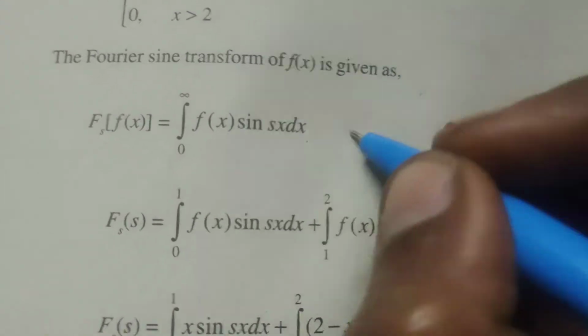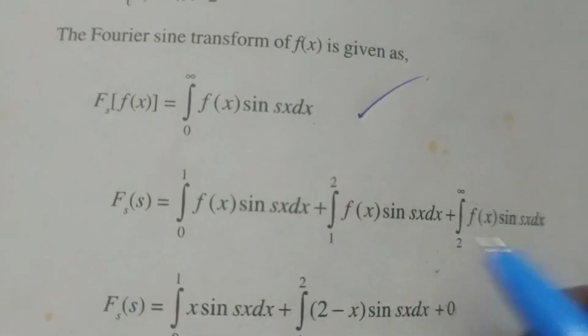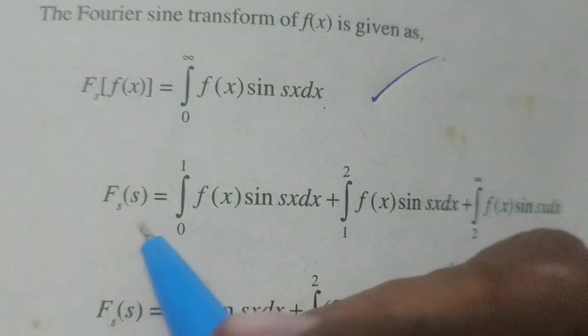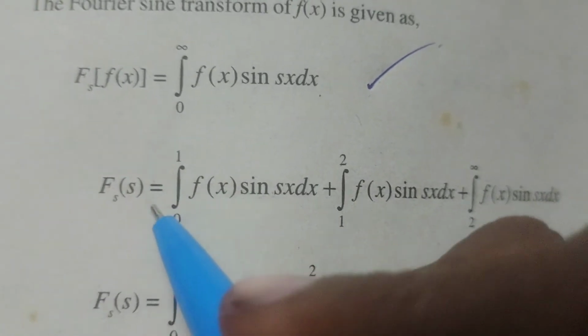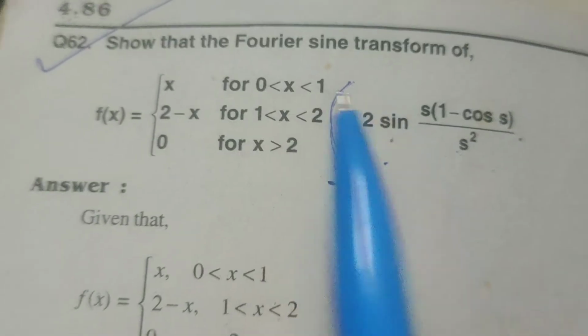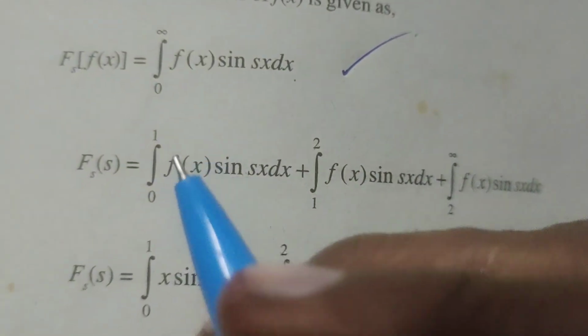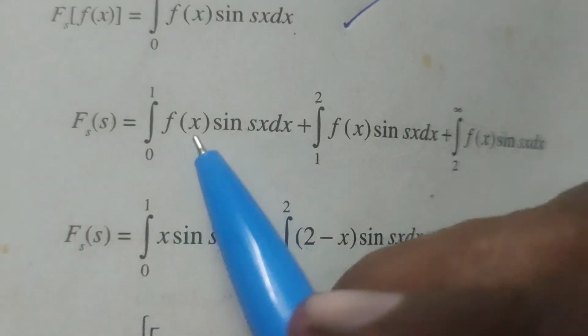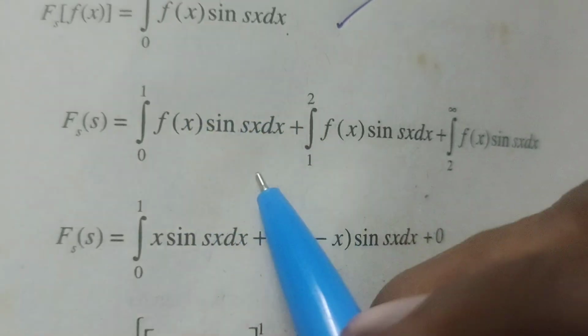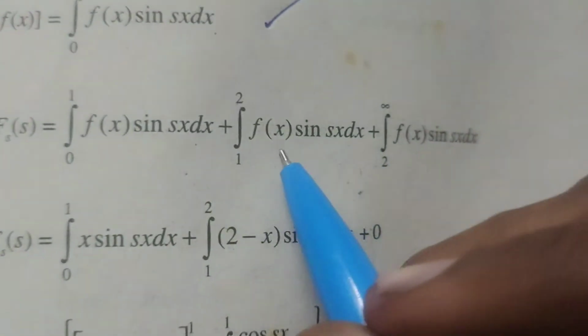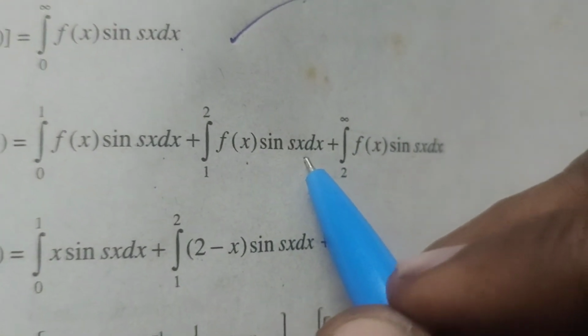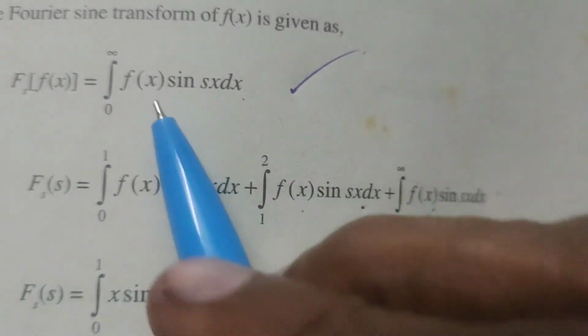This is the Fourier sine transform. Now F s of s equals the integral from 0 to 1, where the function is x, f of x sin sx dx.